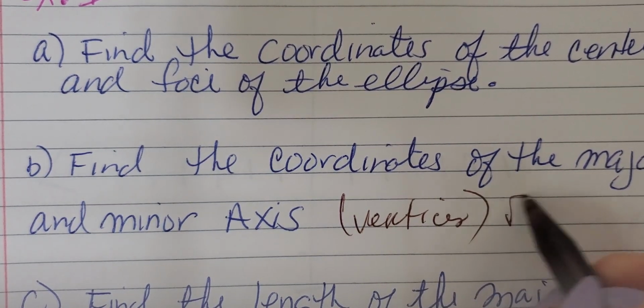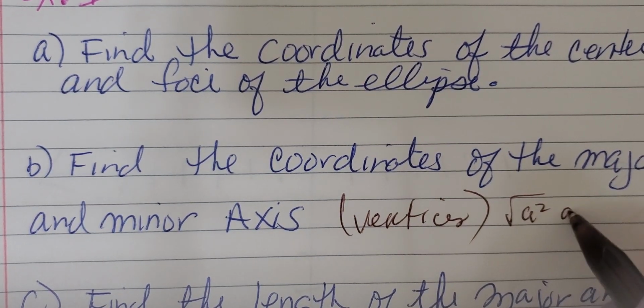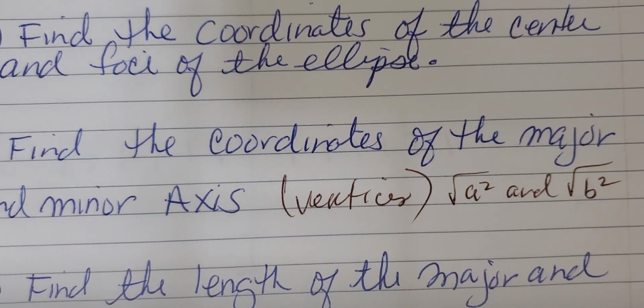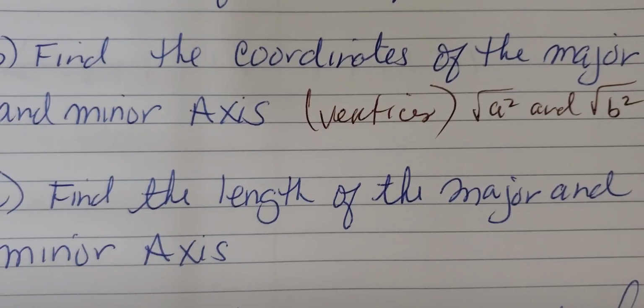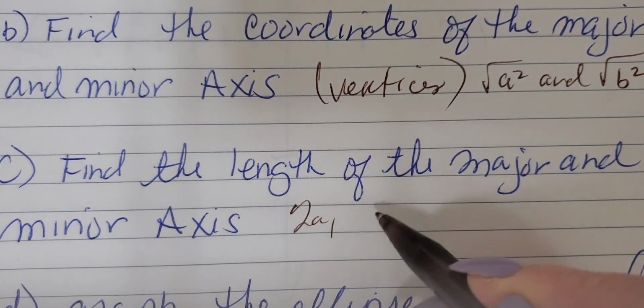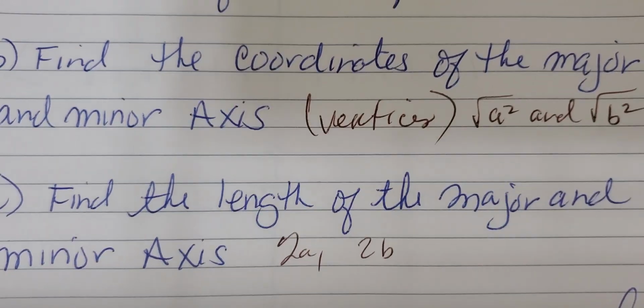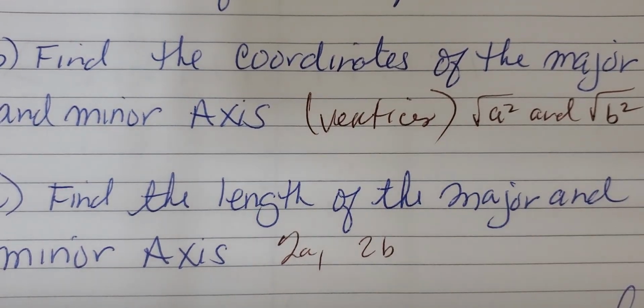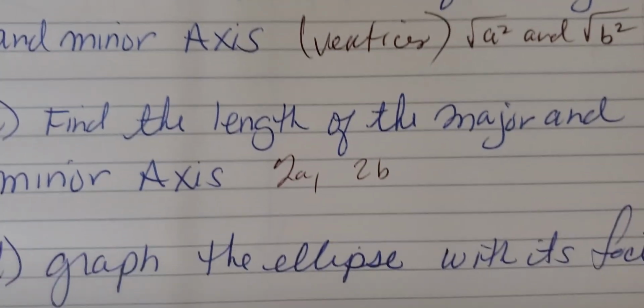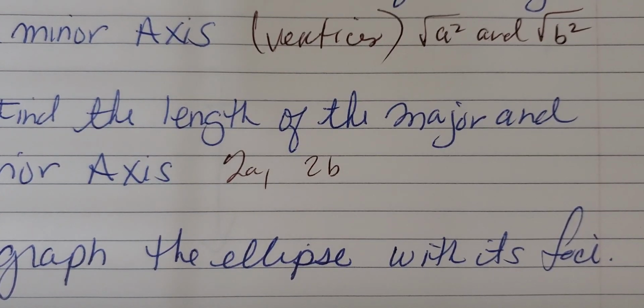And you're going to do that by taking the square root of a squared and the square root of b squared. That's how you get those guys. Find the length of the major and minor axis. That's where you're going to do 2a and 2b once we find it, okay? And then we're going to graph the ellipse and its foci points.